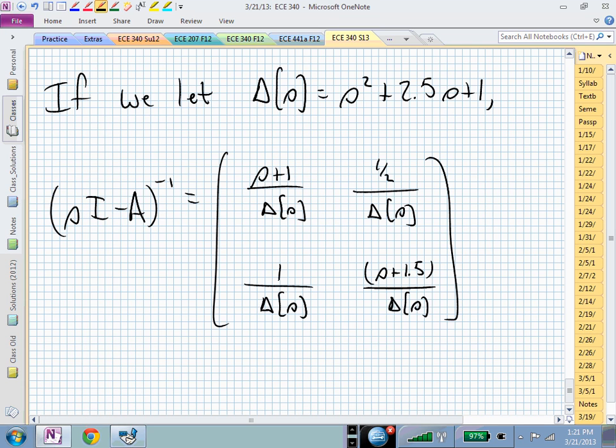We went through all of that because we need this symbolic matrix in our expression for the transfer function G of s.